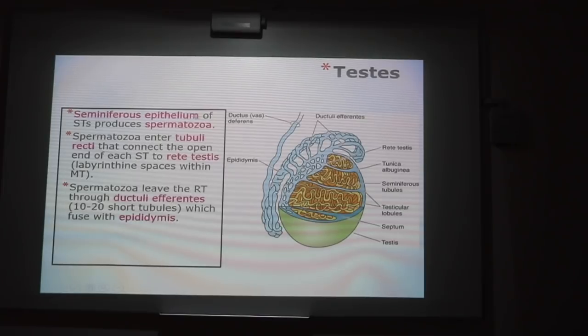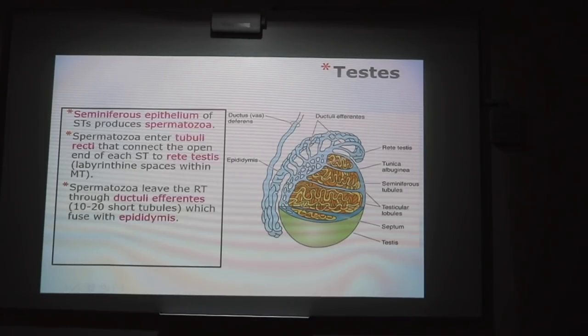So the seminiferous epithelium produces spermatozoa. Spermatozoa enter the tubuli recti, which are the terminal parts of the seminiferous tubule. Because the seminiferous tubule is a coiled duct, at the terminal part it becomes straight. So these are called the tubuli recti.